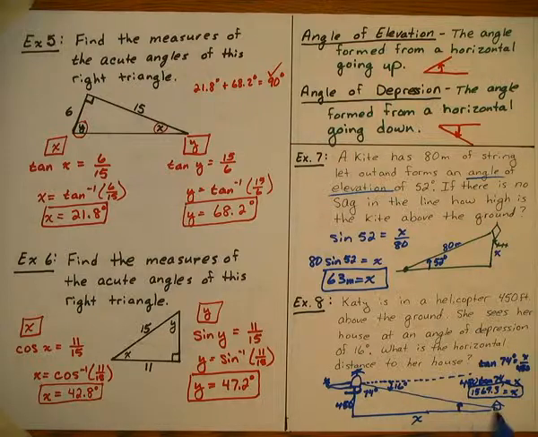This is a horizontal, this is a horizontal. When those two lines are parallel, alternate interior angles are congruent, which means this angle would also form a 16-degree angle. So you could just as well call this angle 16 and use this to find the length of x as well.